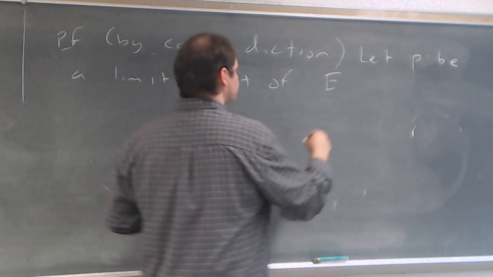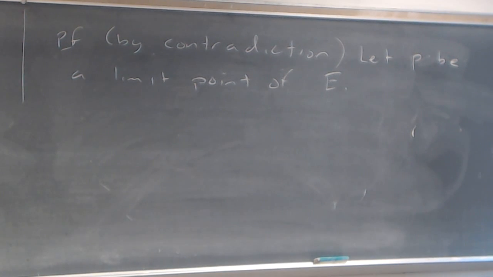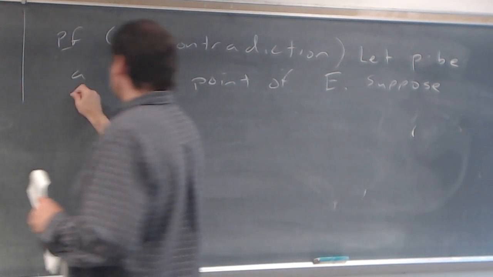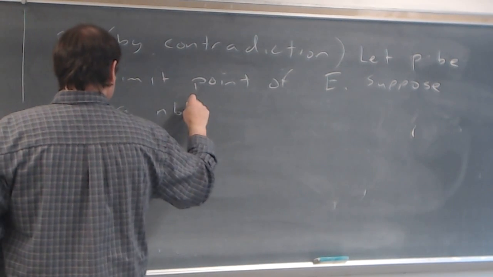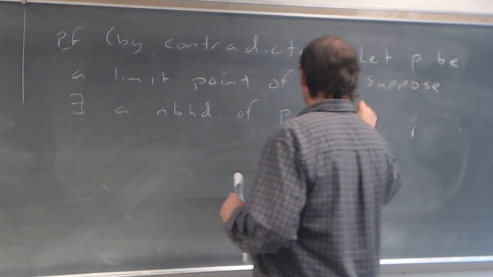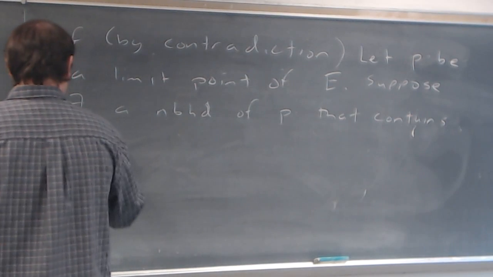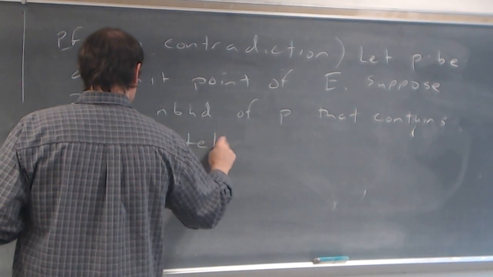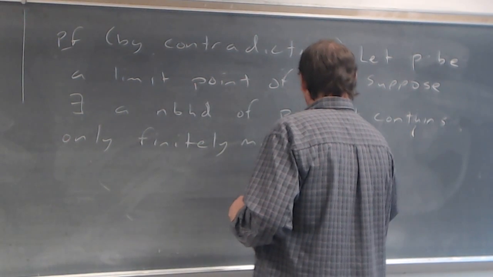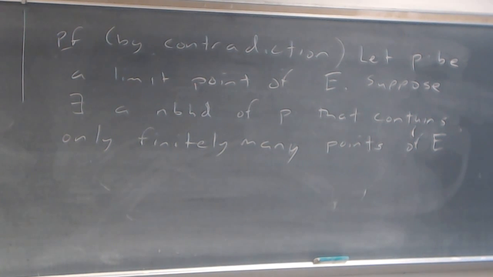Remember, what we're trying to prove is that every neighborhood of P has infinitely many points of E. Well, let's suppose the opposite of that. The opposite is: suppose there exists a neighborhood of P that contains only finitely many points of E. Okay.